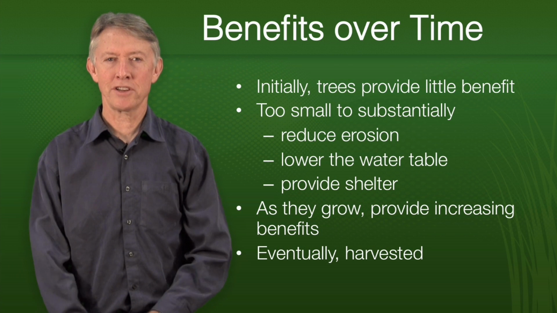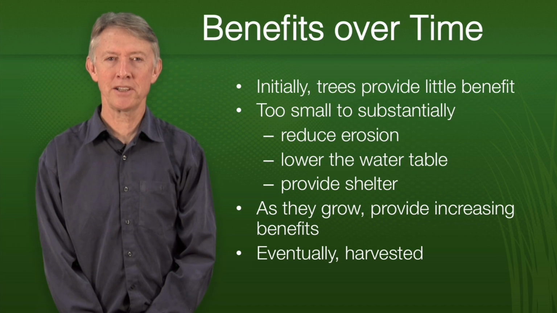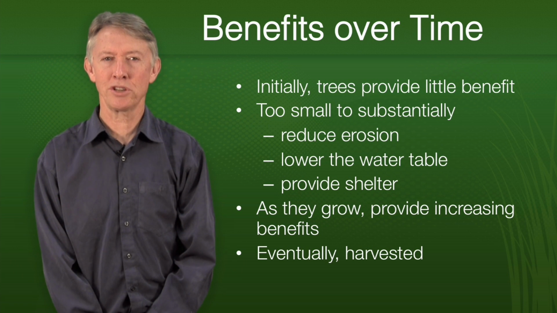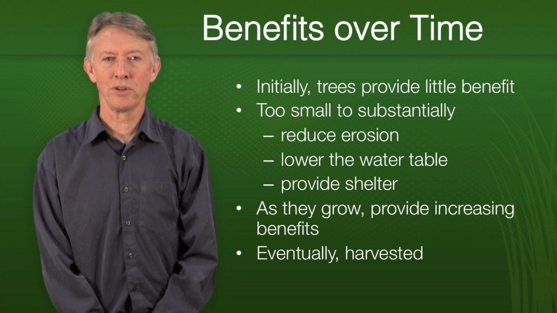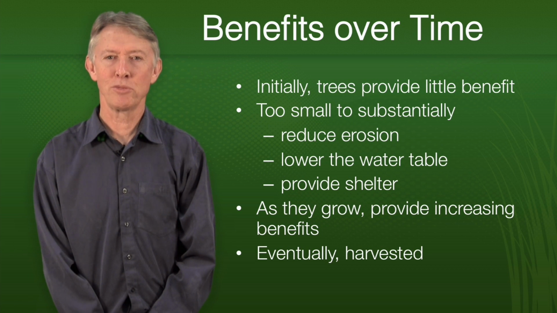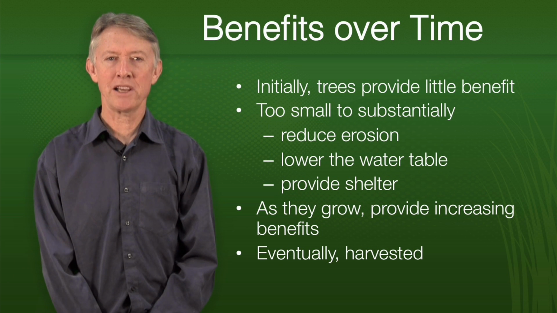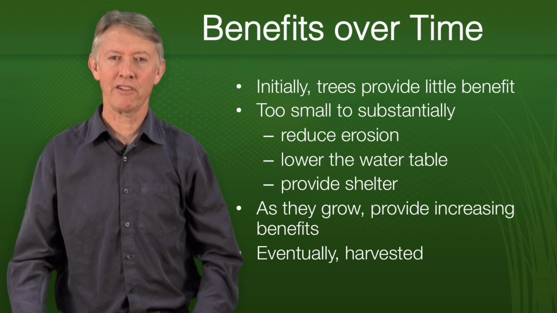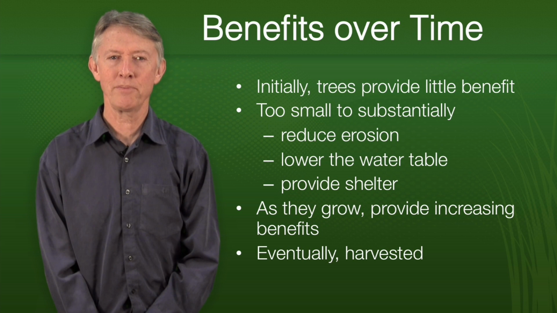So starting with the benefits. Benefits obviously vary over time because initially when the trees are planted, they're very small, and they provide little benefit. They're too small to reduce erosion, too small to lower water tables for salinity prevention, too small to provide shelter for livestock. But as they grow, each of those benefits potentially grows, and so we reach higher and higher levels of benefits over time.